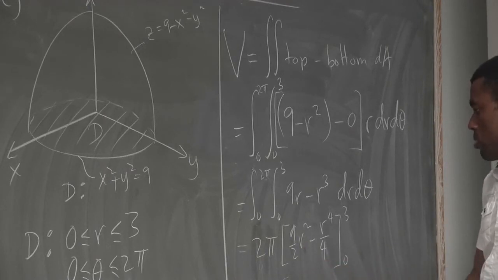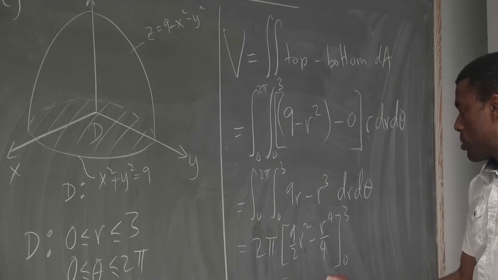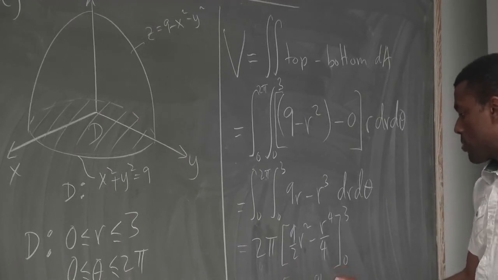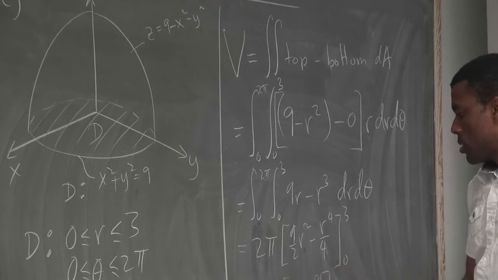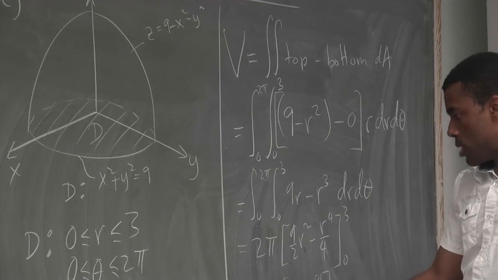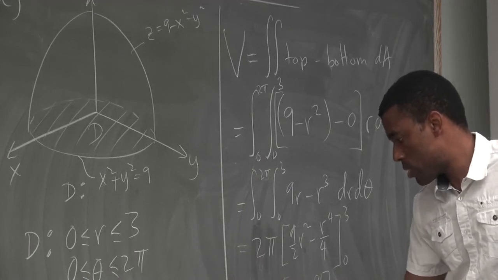That's 81 over 2 minus 3 to the 4th, which is 81 over 4, which is just 81 over 4 times 2 pi, so it's 81 pi over 2.